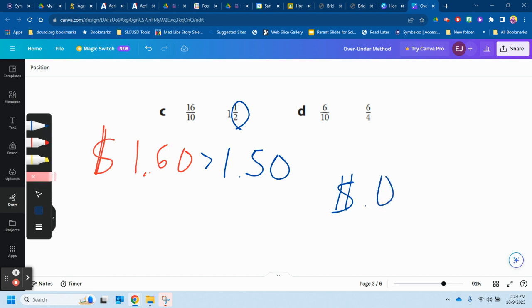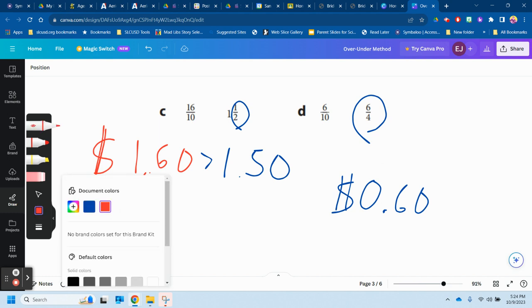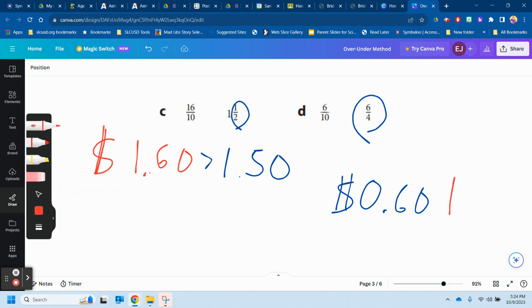Whoops, 60 cents, let me get formal here: 0.60, or 6 quarters. 4 quarters is $1. Let me write this one in red. Here's $1, and then 2 more quarters is 50 cents, $1.50. So $1.50 is larger.